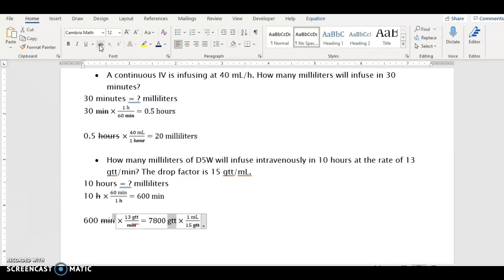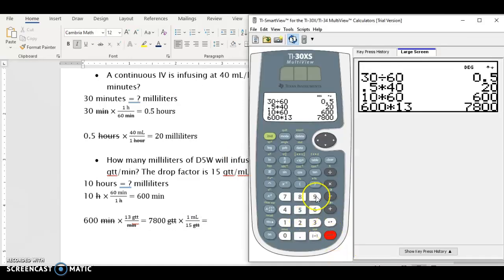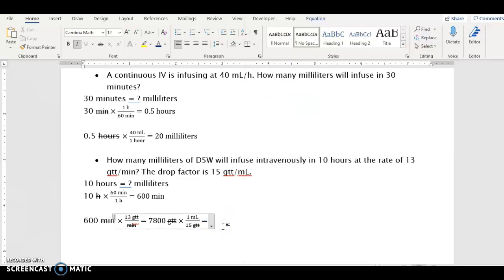Essentially, we're going to divide 7,800 by 15 to get the number of milliliters. So 7,800 divided by 15. We may need to round that, but in this case we don't. It's equal to 520 milliliters. So 520 milliliters will infuse in 10 hours.